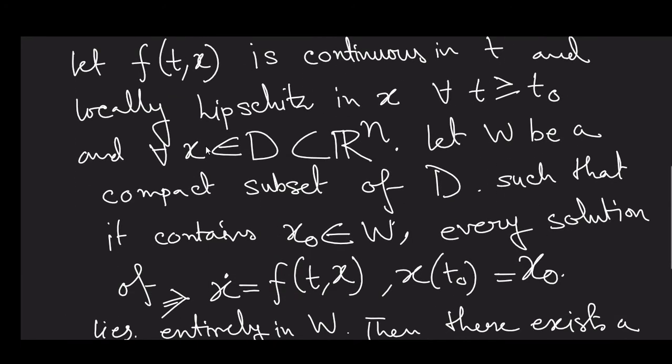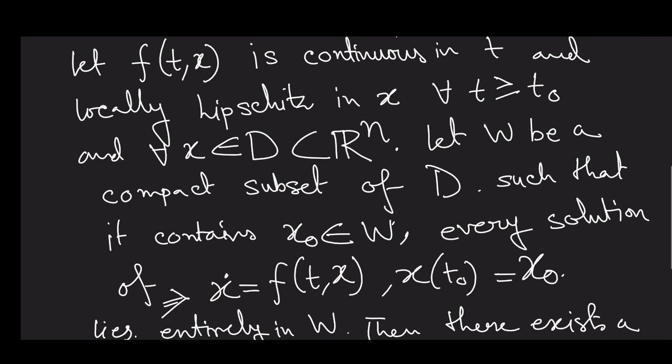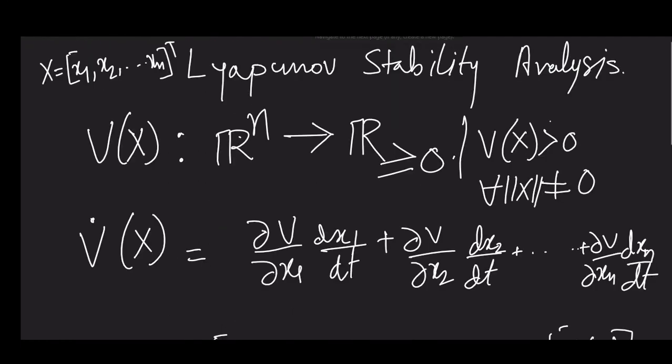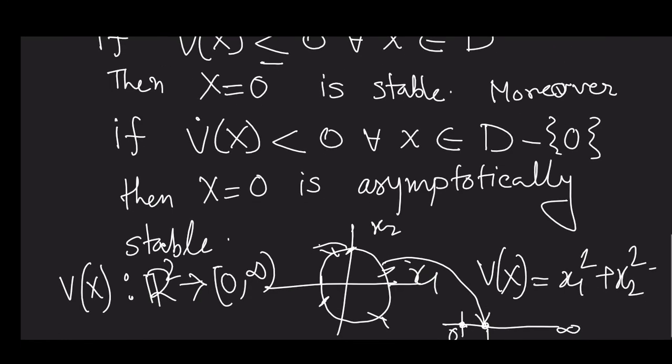Now we will exploit this theorem to figure out how the trajectory is going to stay in our omega beta. Who is going to play the role of W? That is our very own omega beta.